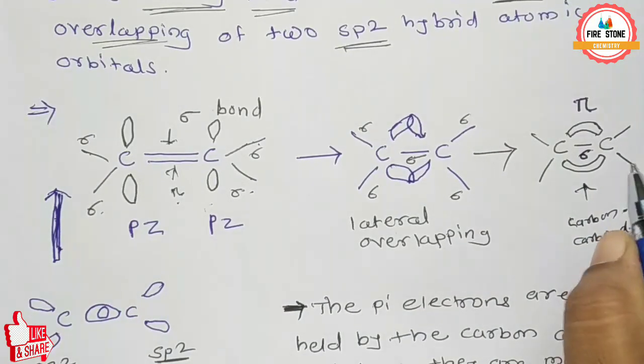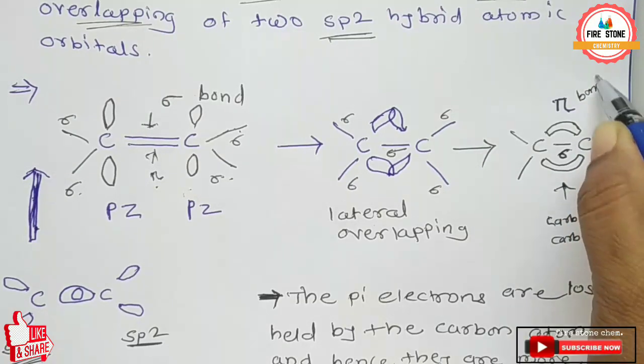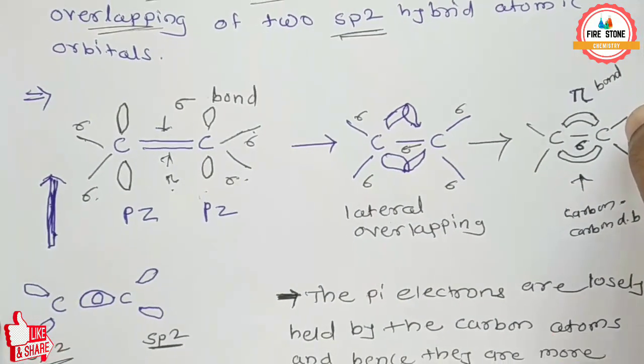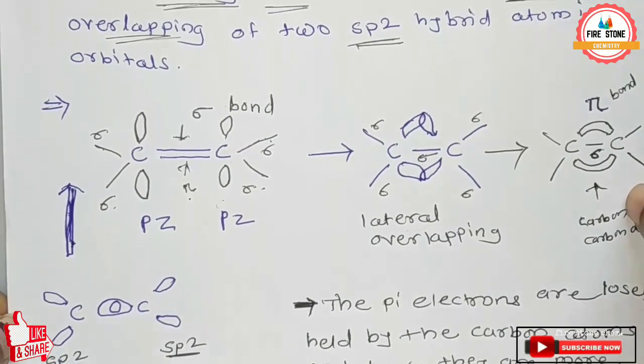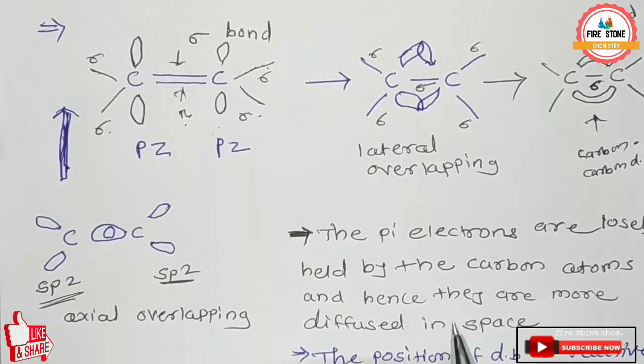Here one is the sigma bond and one is the pi bond. The pi bond is weakly held and is more reactive. The pi bond is loosely held by the carbon atoms, so it is more reactive and diffused in space, and the position of the double bond is the reactive site in the molecule.